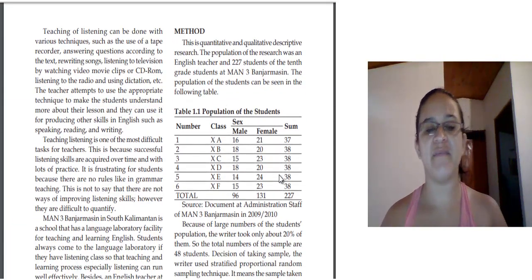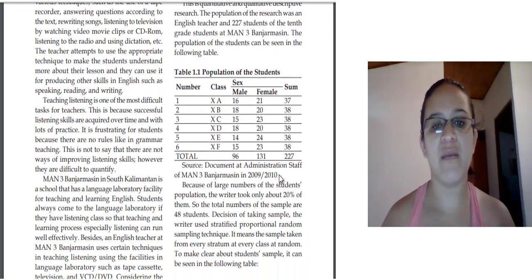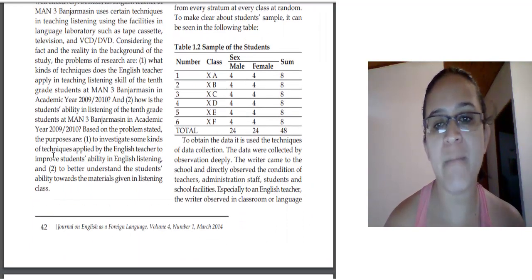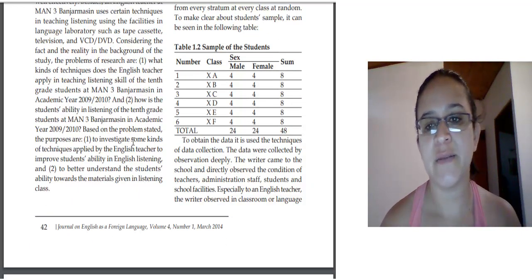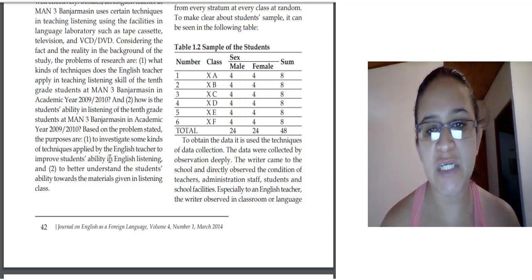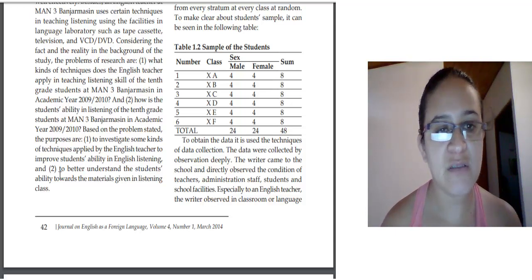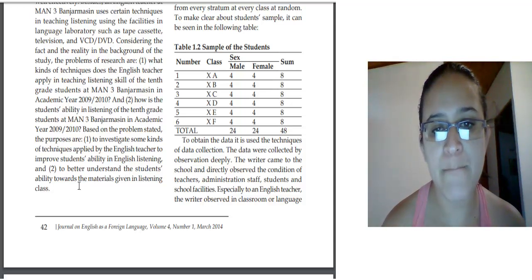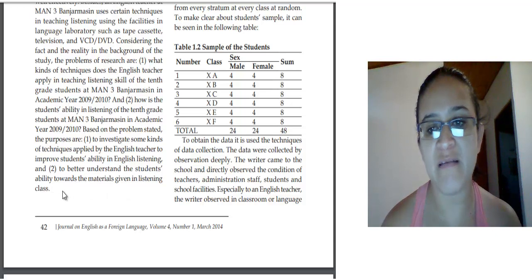We can find that in this part of the article, on page 42, they say, based on the problem stated, the purposes are first to investigate some kinds of techniques applied by the English teacher to improve students' ability in English listening, and second, to better understand the students' ability towards the materials given in listening class.